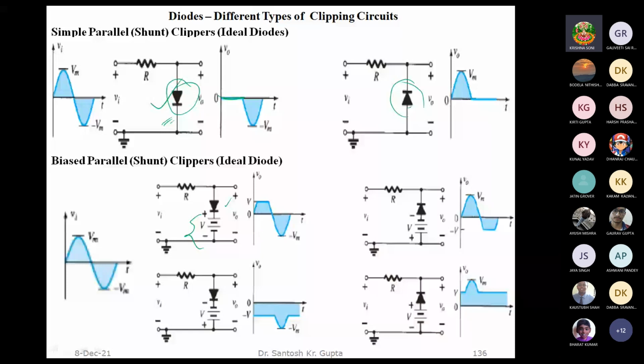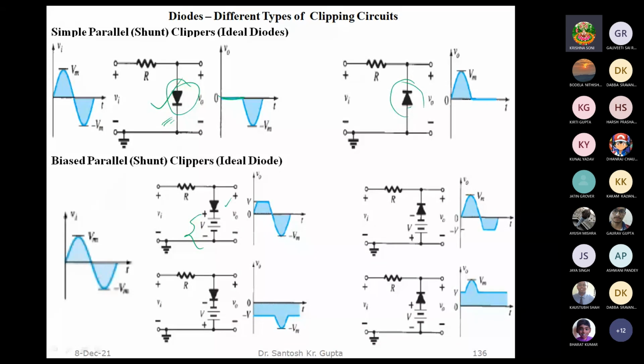So the effective voltage of both is going to be applied across the diode, and we have to look into the polarities of the input supply voltage and the additional voltage source. Together these two will decide whether the diode is on or off.